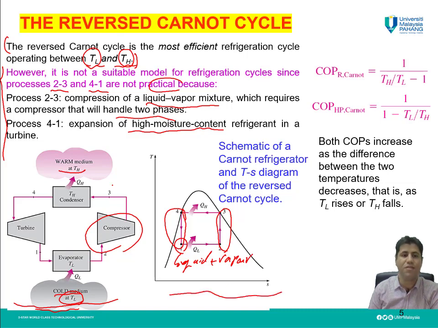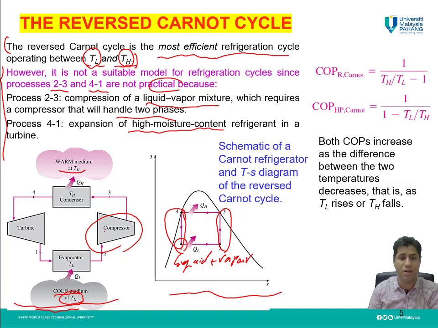So this reverse Carnot cycle is our imaginary refrigeration cycle with the highest efficiency, the most efficient refrigeration cycle, but it cannot be applied in the real world due to these two limitations.